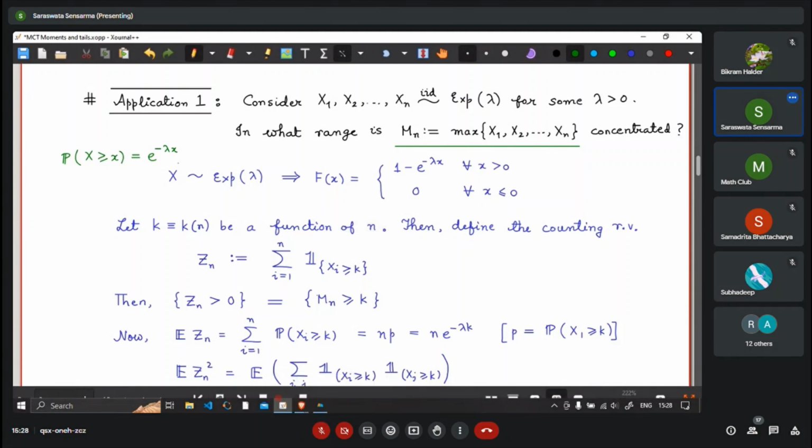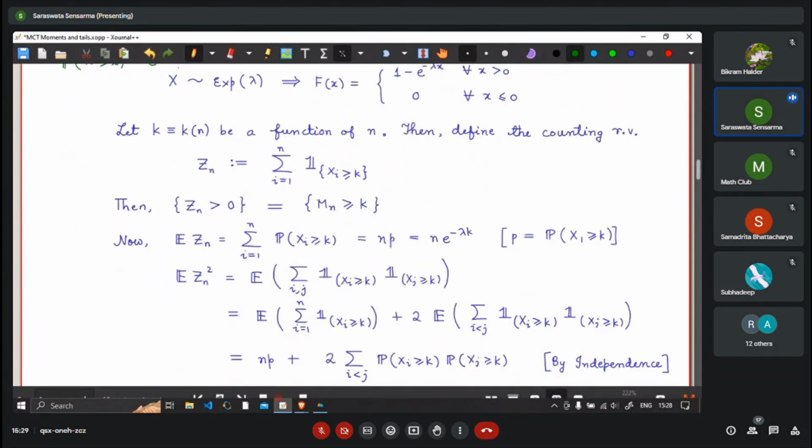But then the fact that Zn is strictly positive just means that the maximum is larger than k. So that's how we would get bounds on the maximum being larger than k, by giving bounds on this, and we can give bounds on this by the first and second moment methods. So let's get to it. Expectation of Zn by linearity of expectation is just this. And by the way, you might notice the first moment method in all of these cases is just the union bound.